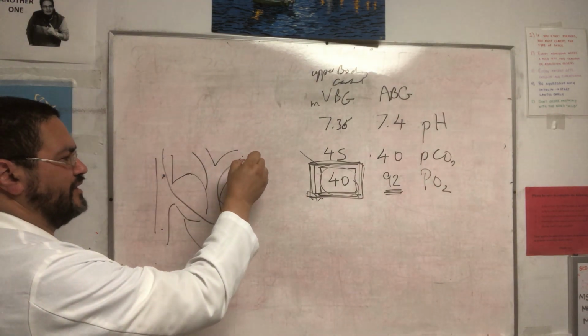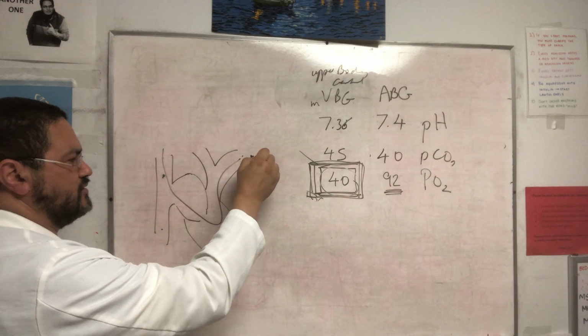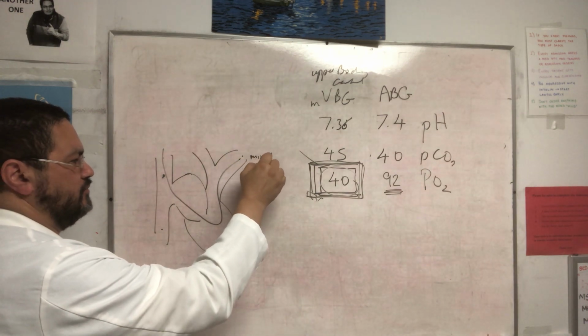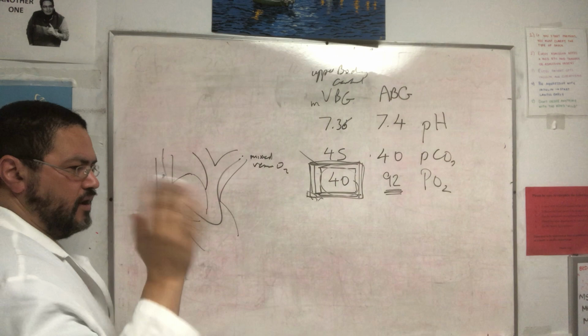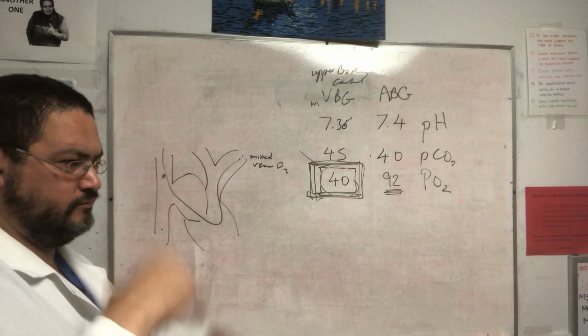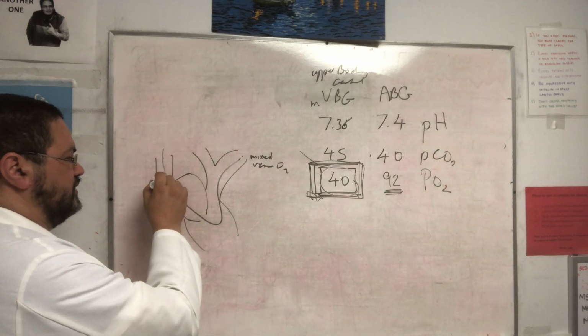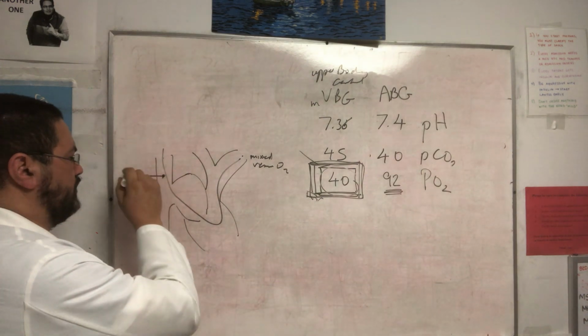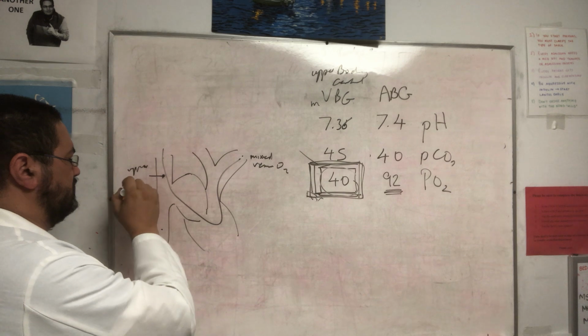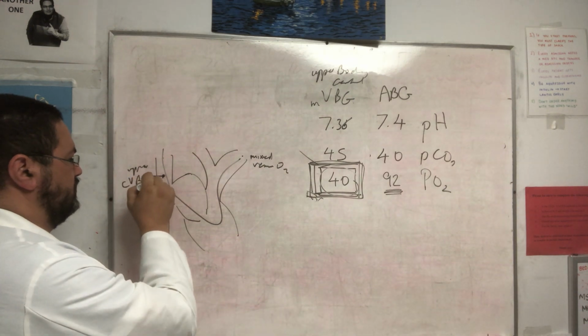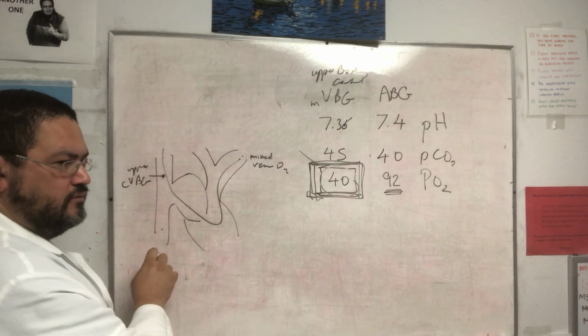So that's the actual mixed venous O2. That is the real mixed venous O2. Mixed meaning that you mixed upper body and lower body together. Here, that's the central line VBG, the upper body central VBG. And here, that's the lower body VBG.